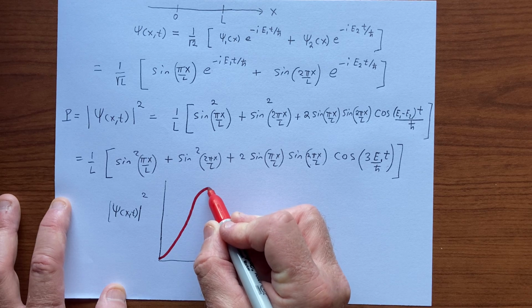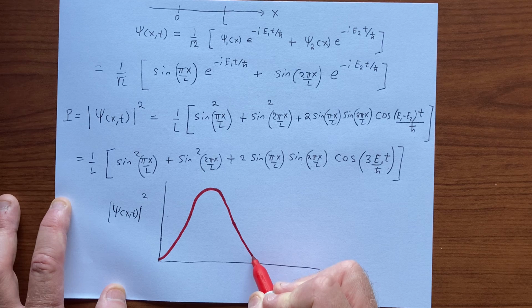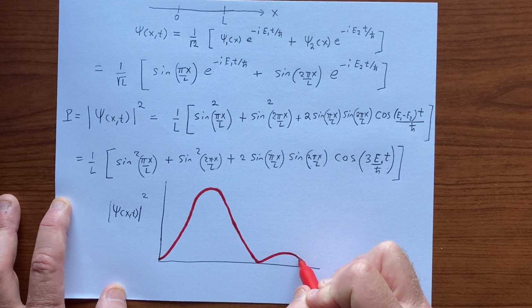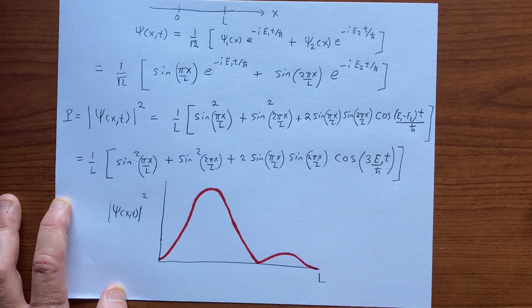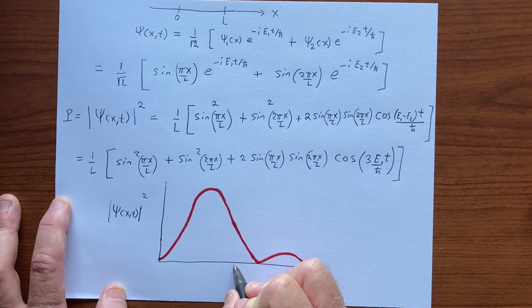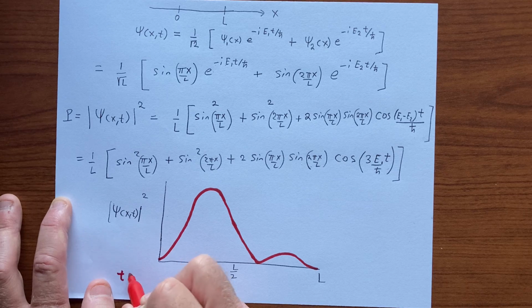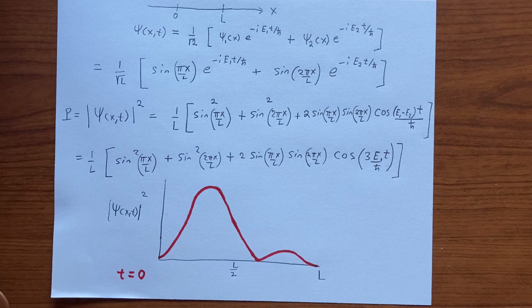It's going to peak there, and then it comes down, and it has a smaller value in this part of the well and something like that. And so this is L, and L over 2 is somewhere over here. So that's what that looks like. So this is t equals 0. That's the red.